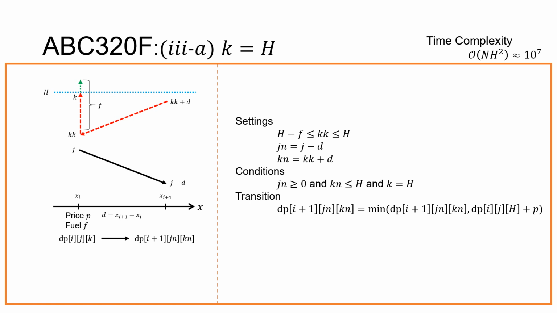So for this reason, we let kk be a new variable representing the fuel before k, which means the fuel before supplied at station i. kk ranges from h minus f to h, and kn is represented as kk plus d. So we can write down the transition in this case. These are all the possibilities and we've finished constructing the DP.